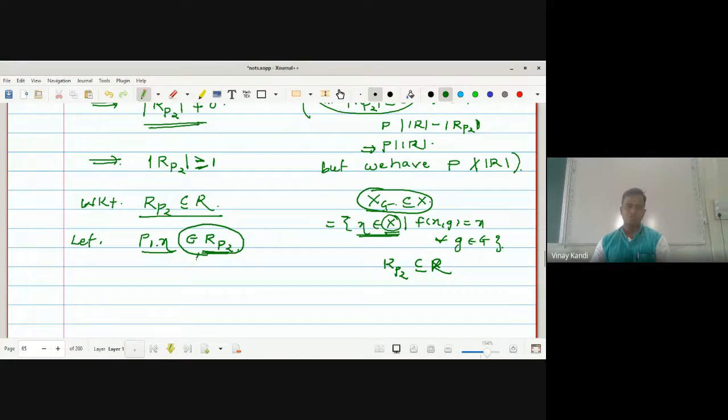Why? Because any element belonging to R is of this nature. Do you understand how I took it?